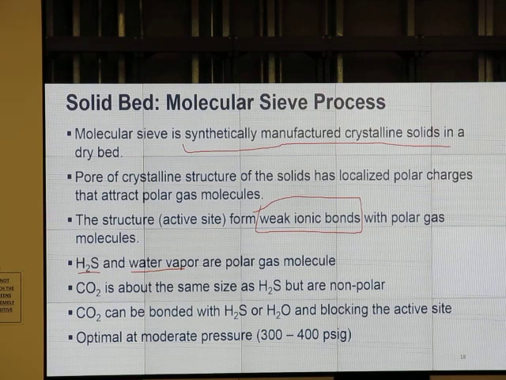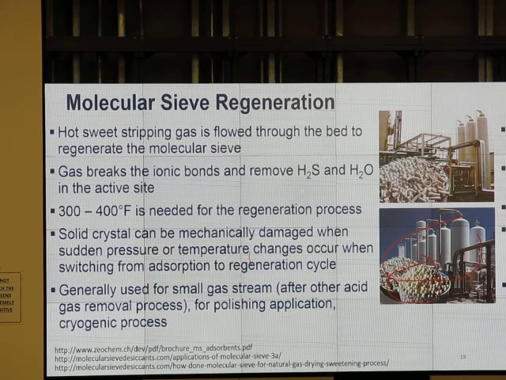Polar gas is like acid gas or water vapor. Very good, right? We just put a bunch of molecular sieve, like pellets, in there, flow gas through, and the gas coming out is sweet, probably dry too. Okay. So this thing is very good.